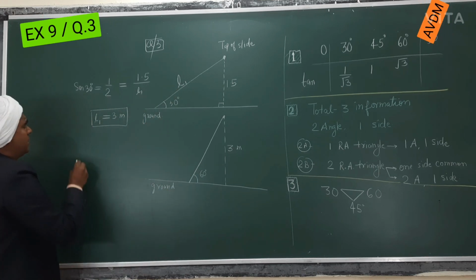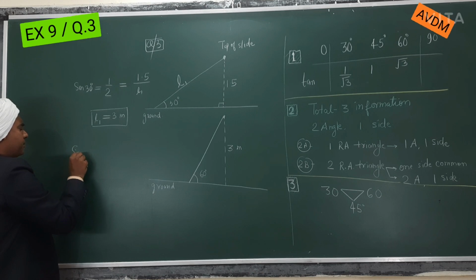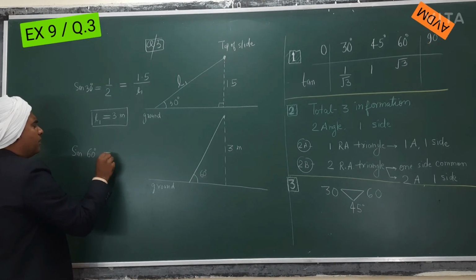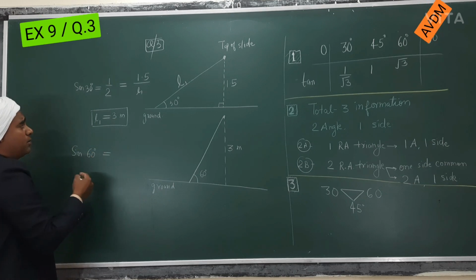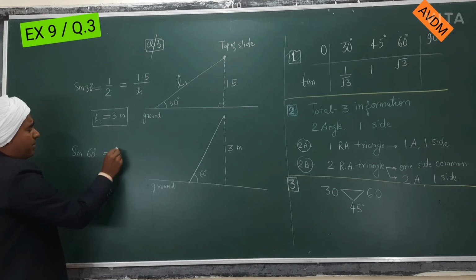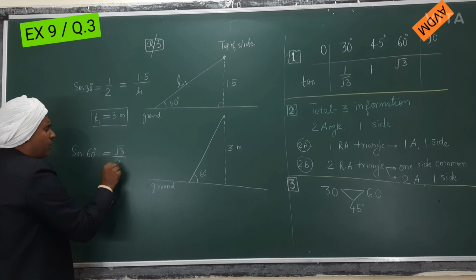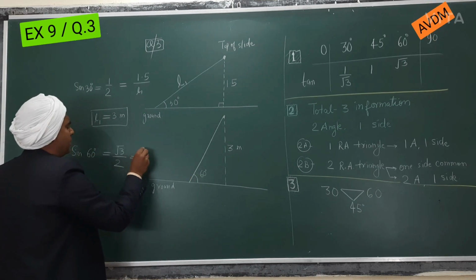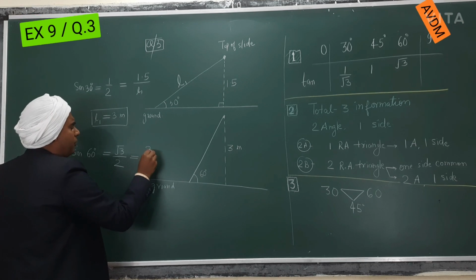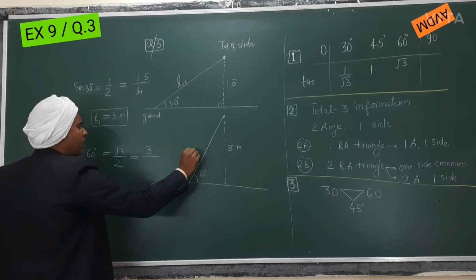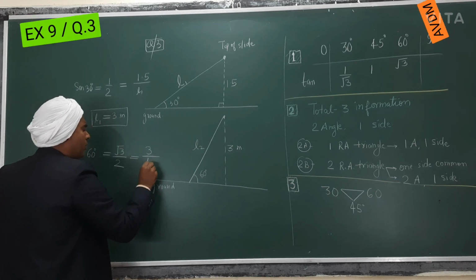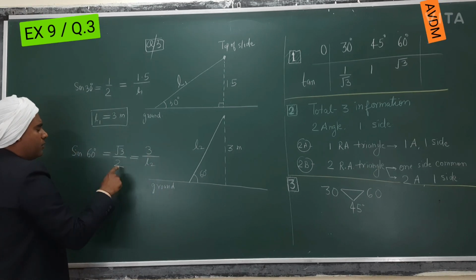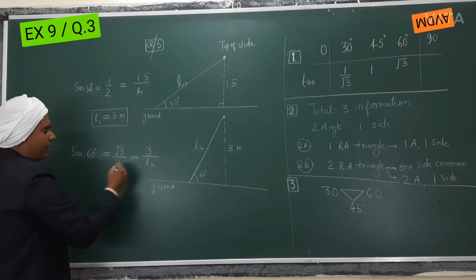And here, sin 60 degree is equal to root 3 by 2, which is equal to 3 meter upon L2. So 3 upon L2. L2 will come here, so multiply then divide.